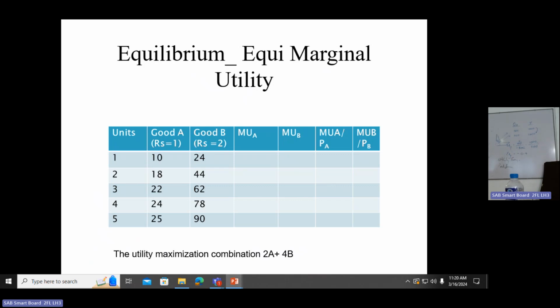The first unit we cannot count. For the next difference, the change is 8 divided by 1, which is 8. Then here 24, here 2, and here 1. You can fill the table.